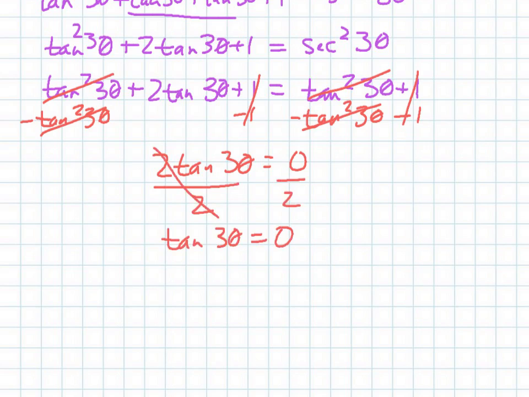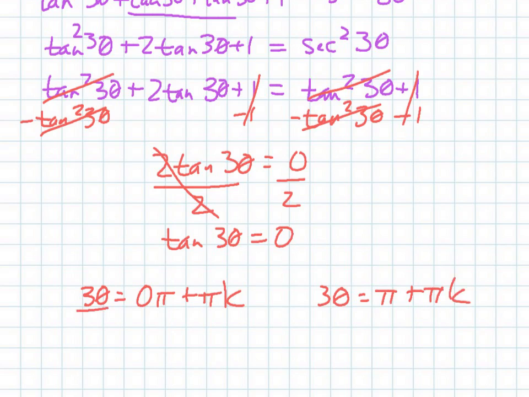Okay, so where does tangent for an angle give me 0? Well, that would be at 0, and also at pi. Now since it's tangent, the period is pi, so that's how often you're going to have an answer that repeats. So we put plus pi k for both.